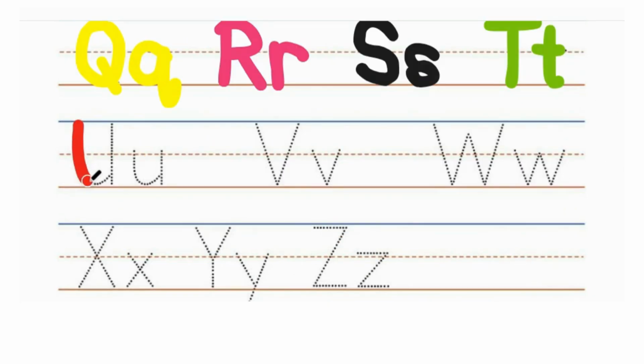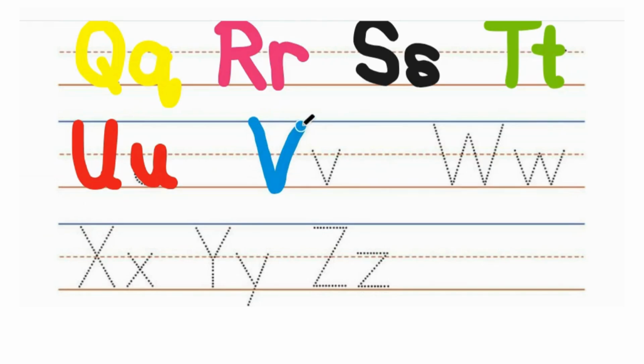Let's write U now. Next is capital and small v. Let's write W now.